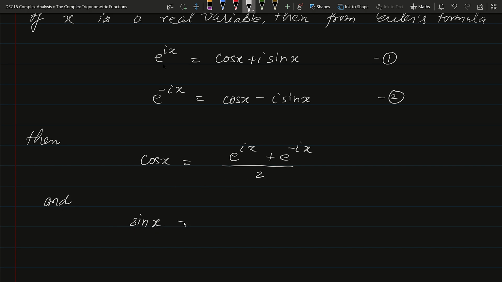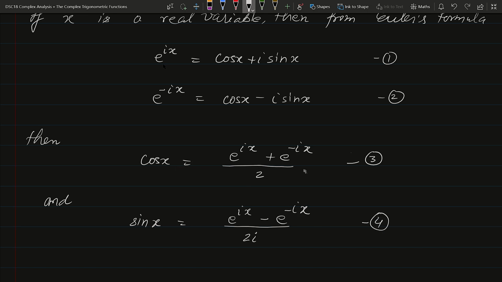Sin x will be equal to e to the power iota x minus e to the power minus iota x over 2 iota, right? Let me call this equation number 3 and this equation number 4. Now look at equation number 3 and 4.